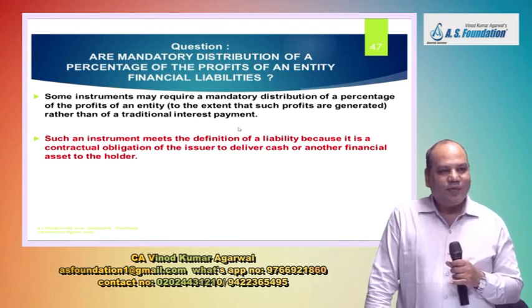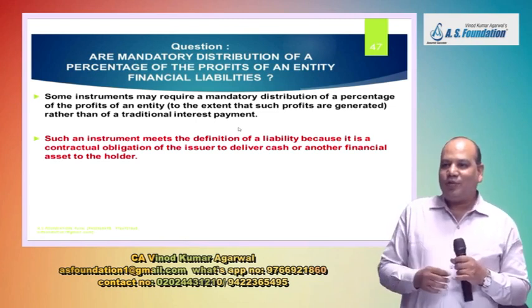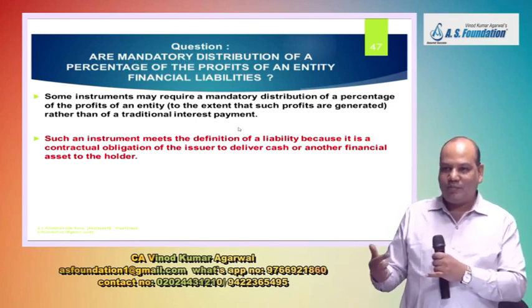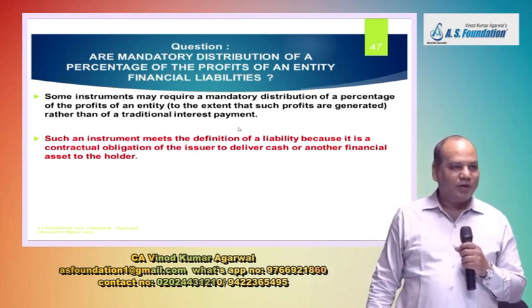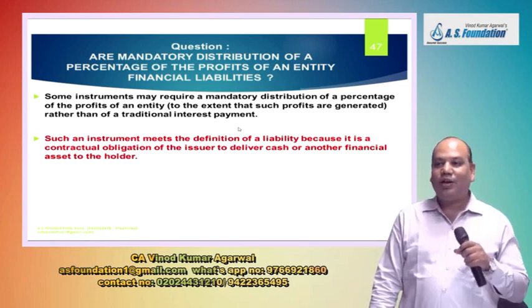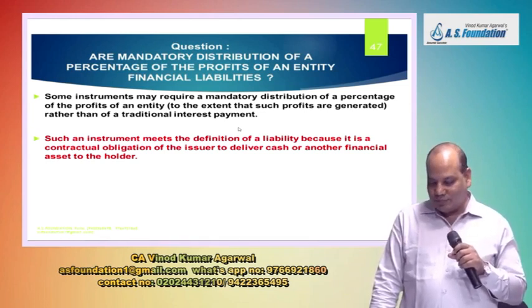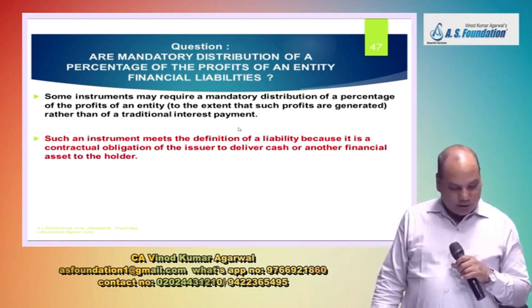So this time it is a variable amount you are going to pay, but it is mandatory. I never said that you have to pay a fixed amount every time. There must be an obligation to pay cash or another financial asset, which the company cannot avoid. So such an instrument meets the definition of liability.